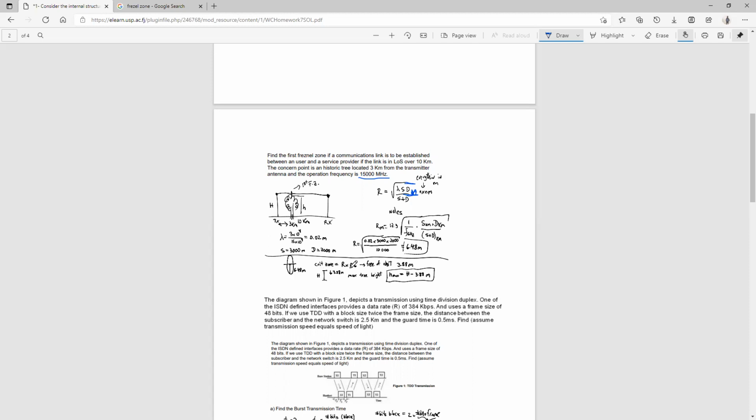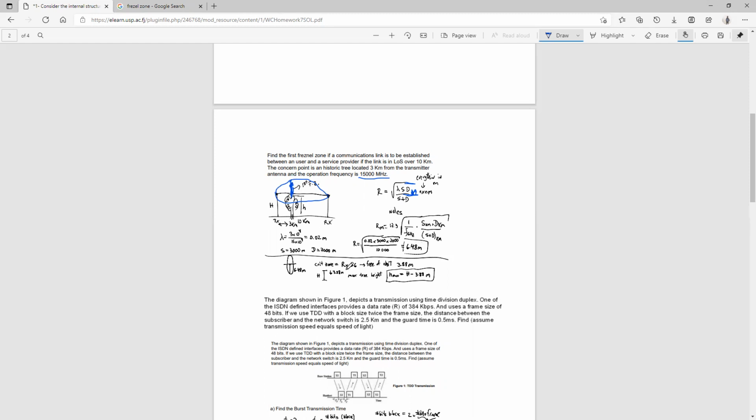So let's say the first Fresnel zone is something like this, of the antenna, and we have found the radius should be 6.48 meters. Remember, this is an elliptical shape, so the radius from the center to the edge of this elliptical shape is 6.48 meters.